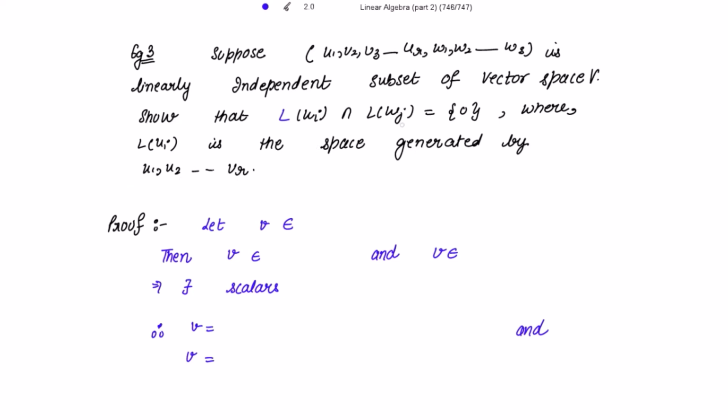Similarly, L(W_j) is the space generated by W1, W2 up to WS. We have to show that their intersection is the zero element.